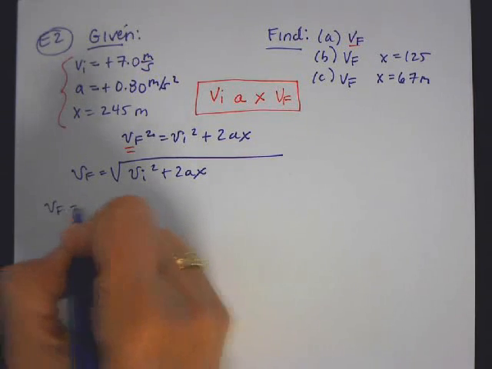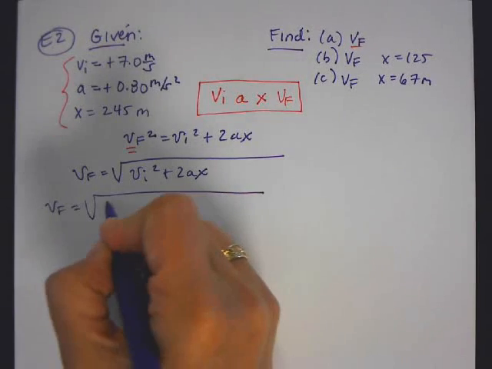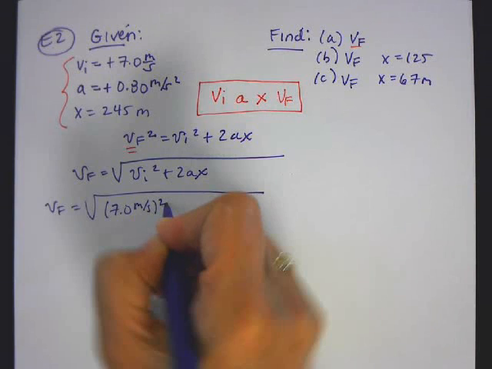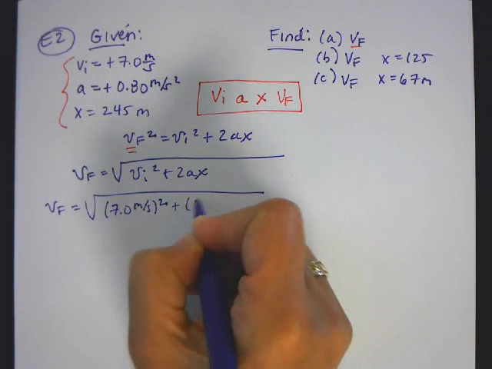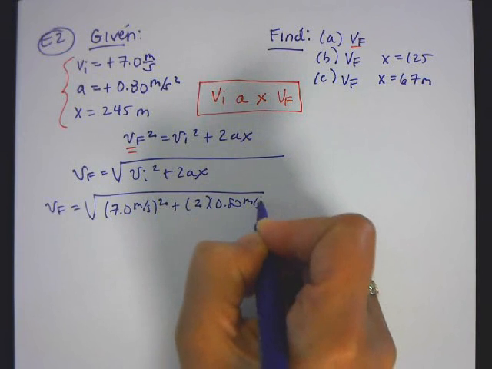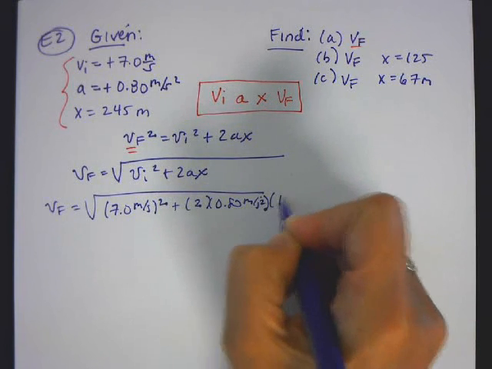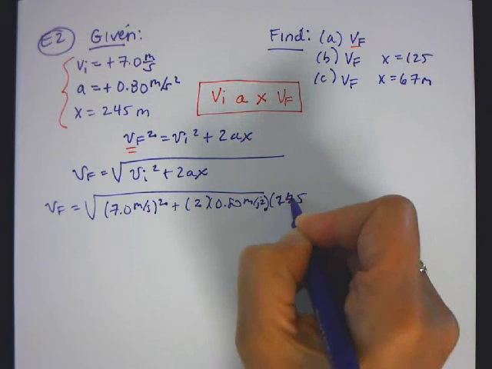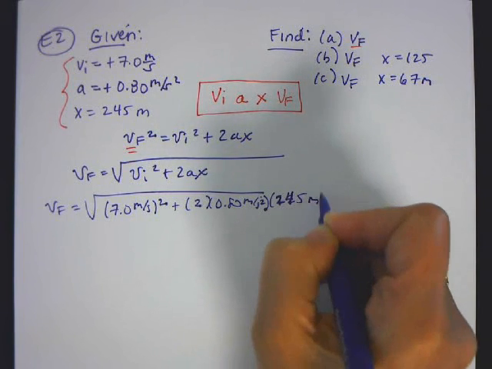So VF is equal to the square root of VI, which is going to be 7.0 meters per second, squared, plus 2 times 0.8 meters per second squared, times 245 meters. That's the first one.